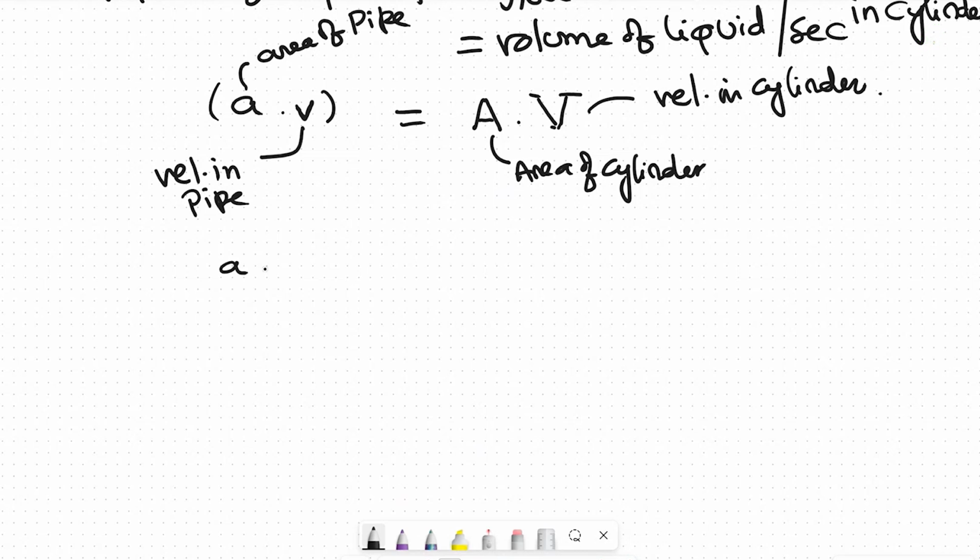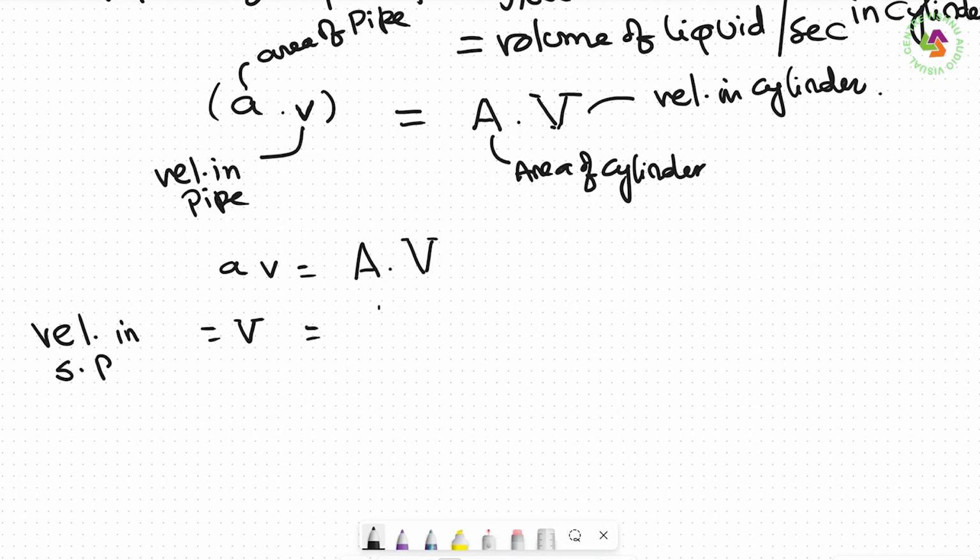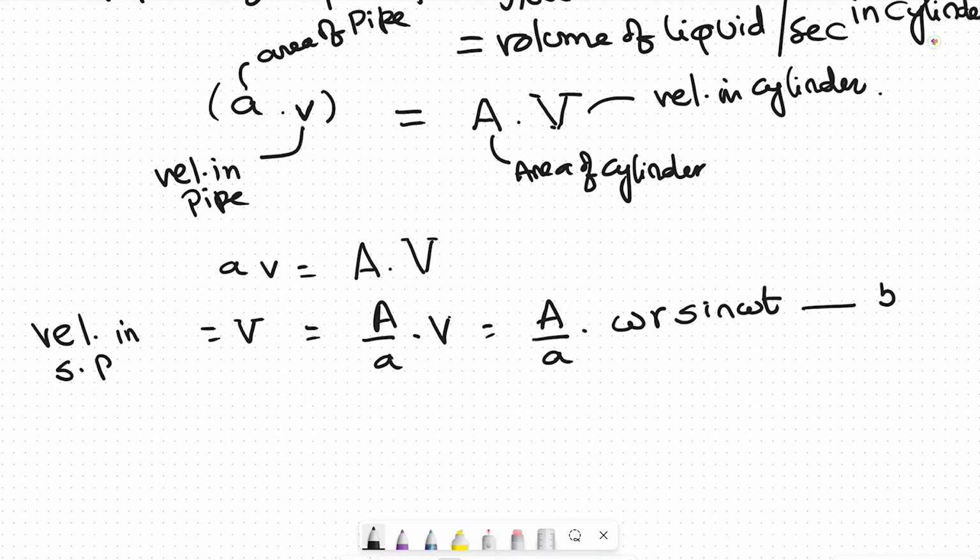So small a into small v is equal to capital A into capital V. So small v, which is called as the velocity in suction pipe, is equal to A by a into V. And V is omega r sin omega t. Right? Can I call it as 5?